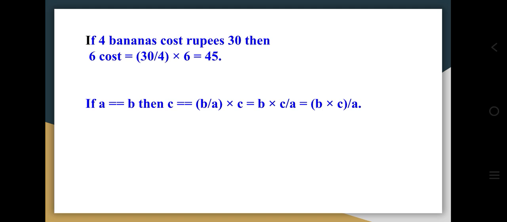Here we note that as the number of bananas increase, the cost also increase. If the number of bananas decrease, cost also decrease. So the number of bananas and the cost are directly proportional.